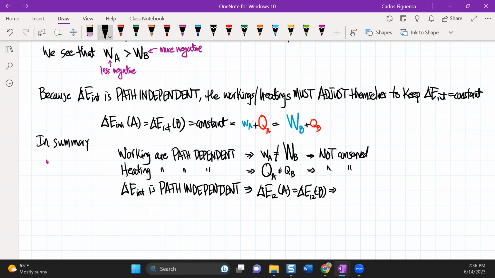Therefore, it is a conserved quantity of nature. And as I already said, the workings and heatings must adjust themselves to keep the internal energy constant.